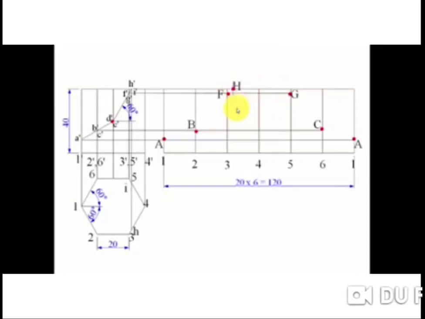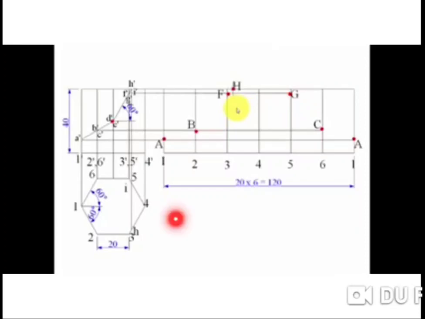Now the I point. How will I mark the I point? Again the same methodology. Which edge is there? I lies between 4 and 5, on the edge 4 and 5. Take a compass.